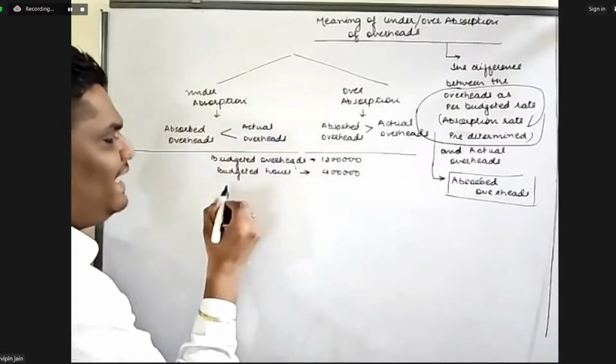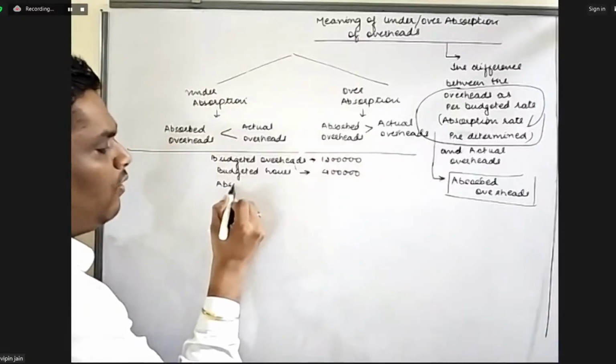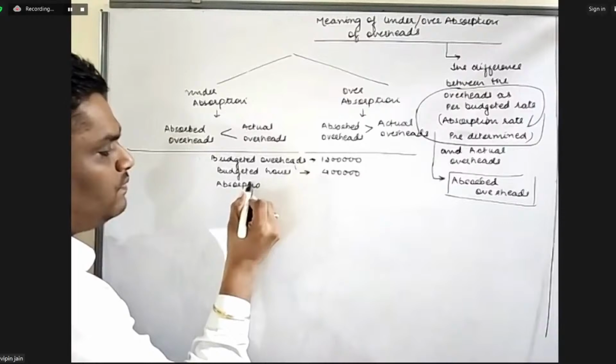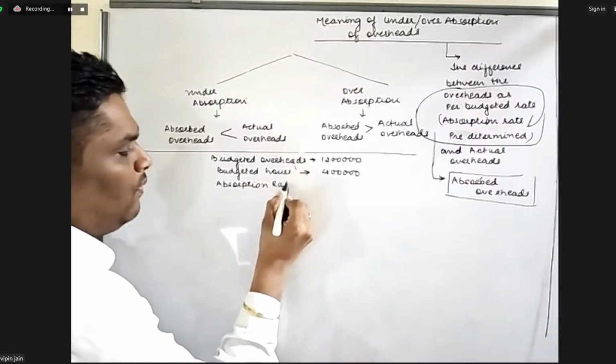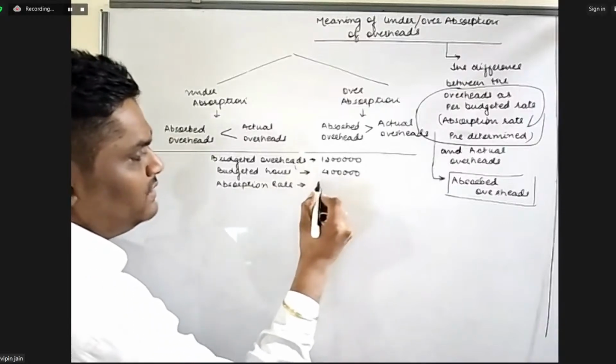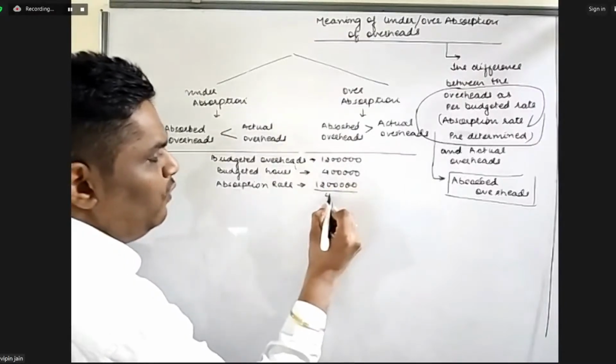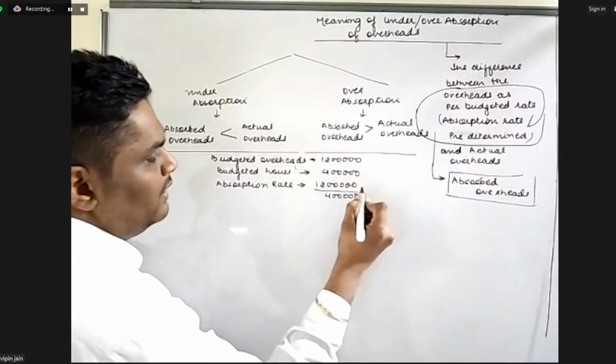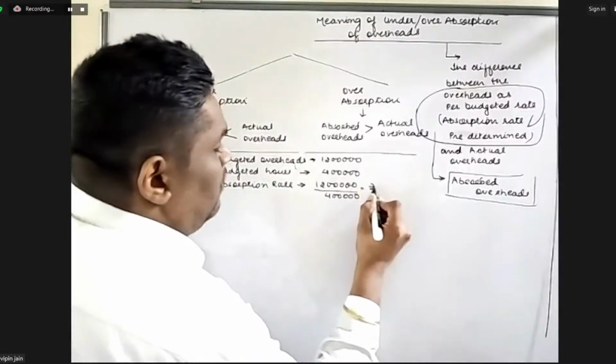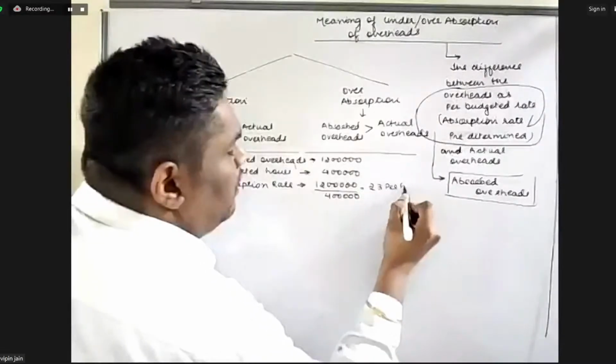It means we can easily calculate the absorption rate, that is 12 lakh divided by 4 lakh, that is rupees 3 per hour.